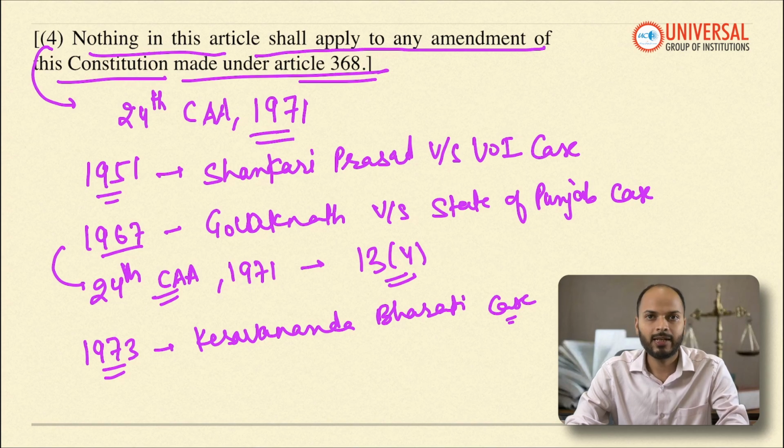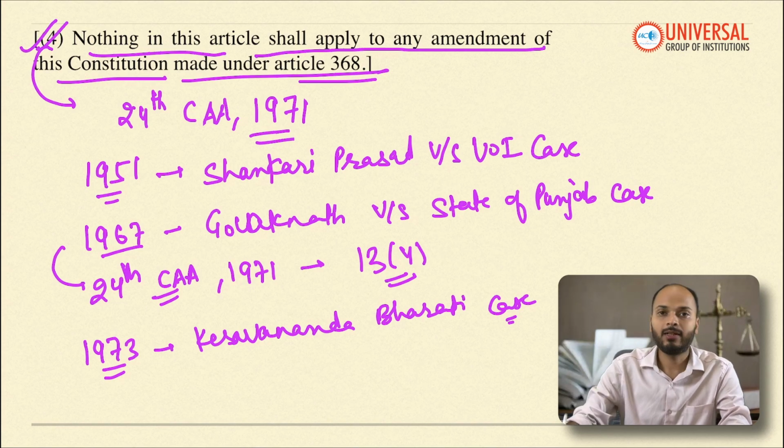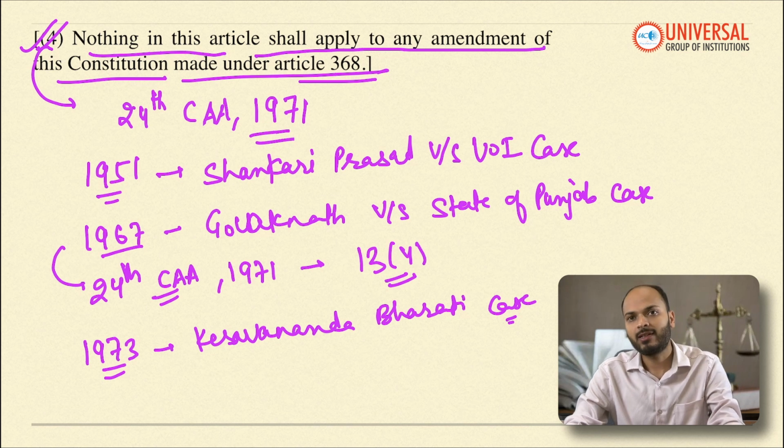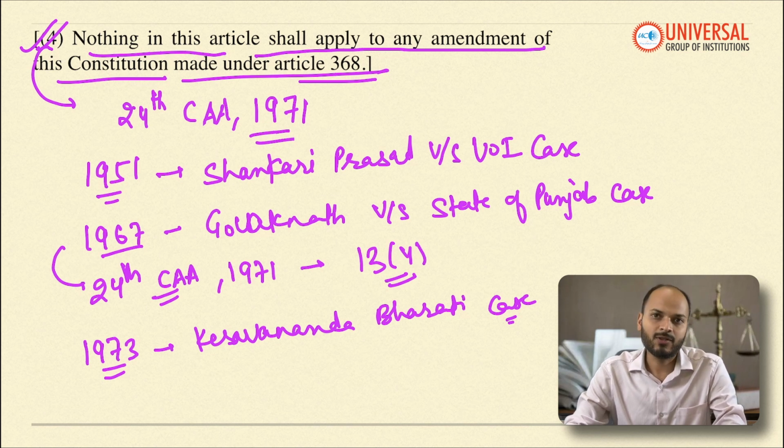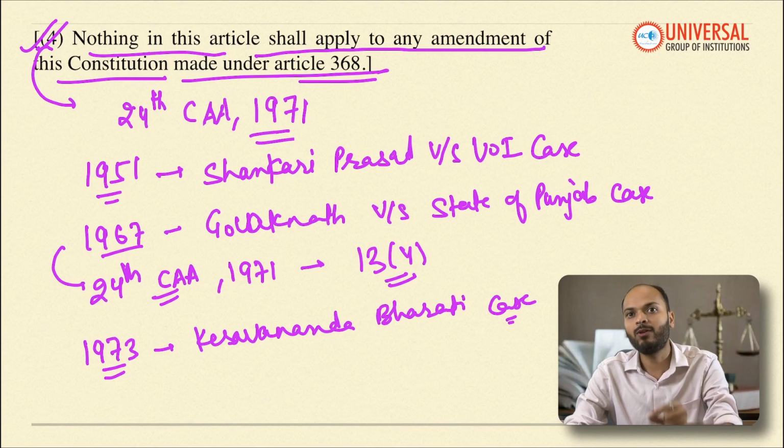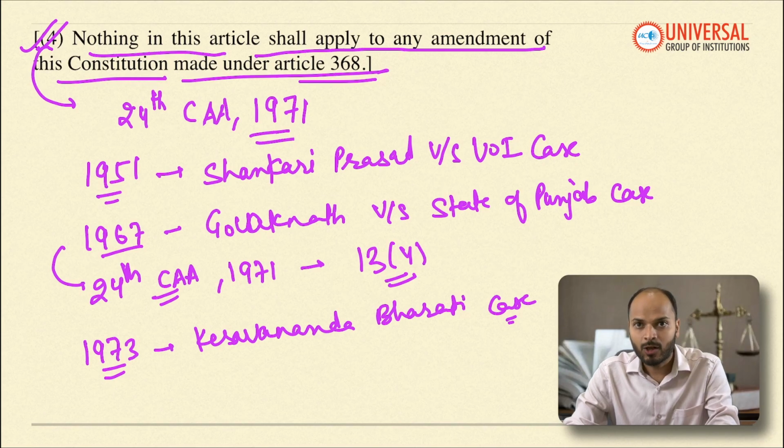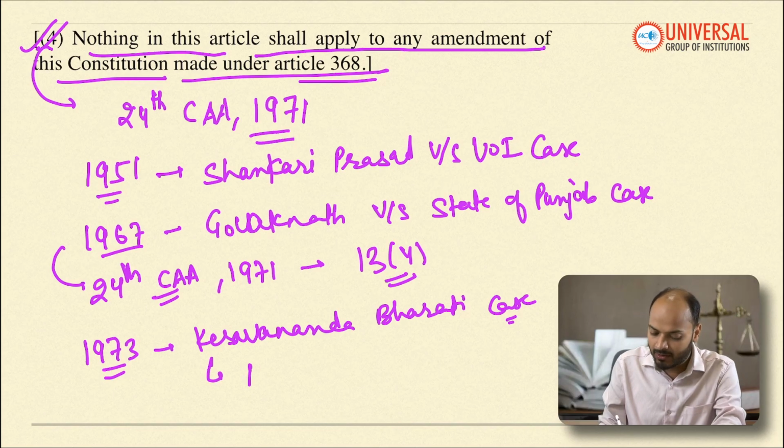In Keshwanand Bharti case, what Supreme Court has said is, Supreme Court first upheld Article 13 subclause 4, but Supreme Court has further said that there are certain aspects of the Constitution which are very basic, which form the core of Constitution of India, and such aspects shall not be changed, shall not be altered. If those aspects of the Constitution are altered or changed, the Constitution will lose its true value, its true sense, right? And hence Supreme Court came up with a doctrine called Doctrine of Basic Structure.